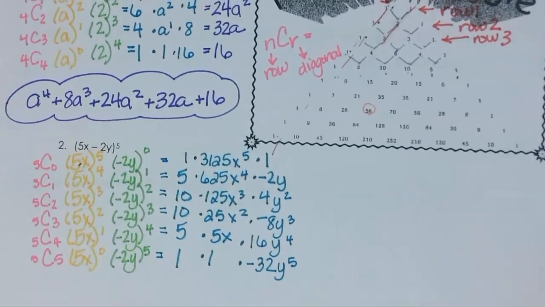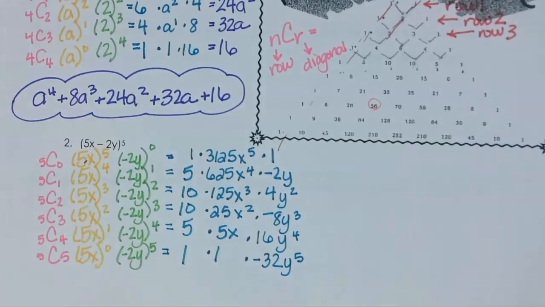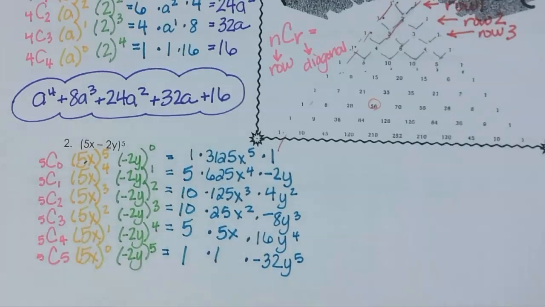Now notice that in this step, when we write it out, all of these things are being multiplied together. So when we want to simplify each of the terms that will go in our final polynomial, we want all the numbers to come before the variables.